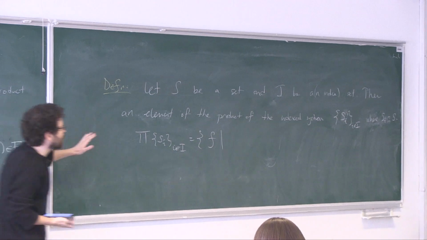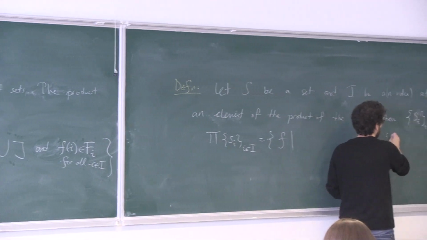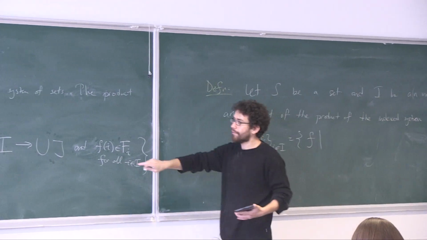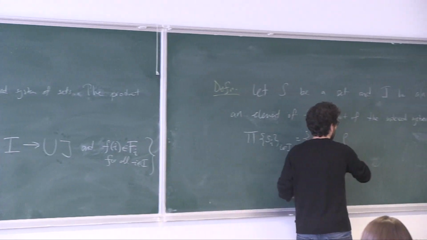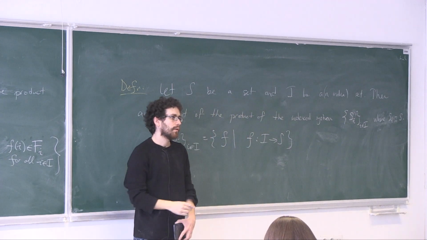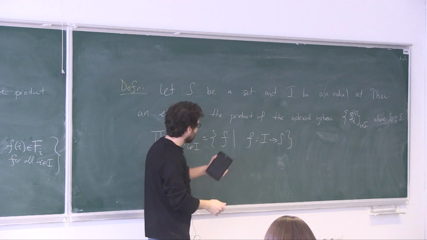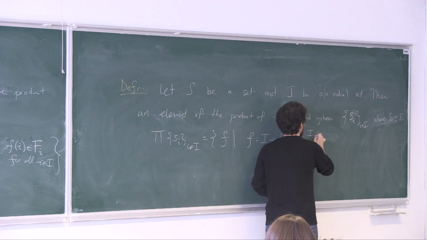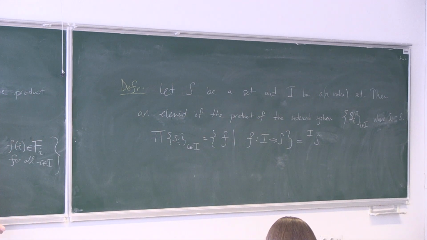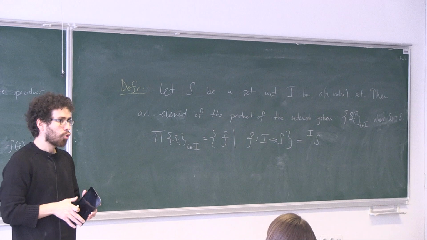And I choose my j to be simply this set, the singleton containing S. So the union of j will be, in that case, S. So this product will be the set of all functions from I to S. Okay? Questions?